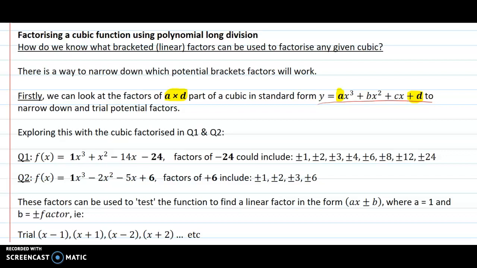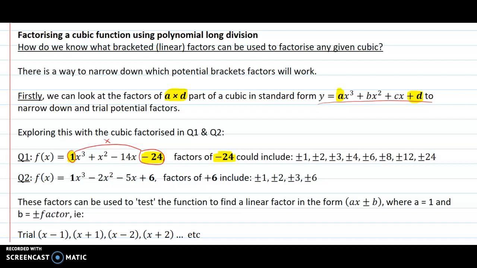So if I look at what is in the a and the d position in both of those cubics, 1 multiplied by negative 24 gives me negative 24. If I think about factors of negative 24, this could include plus or minus 1 by plus or minus 24, 2 by 12, 3 by 8, any combination of those.